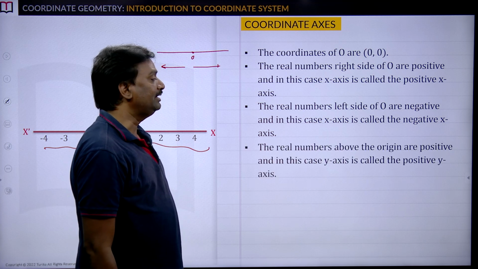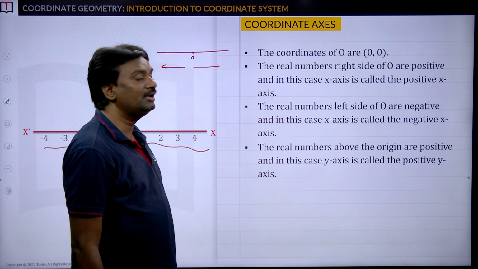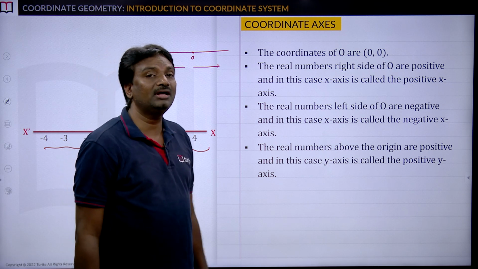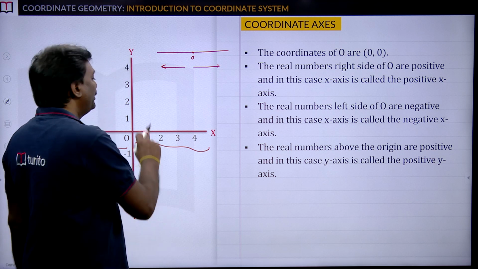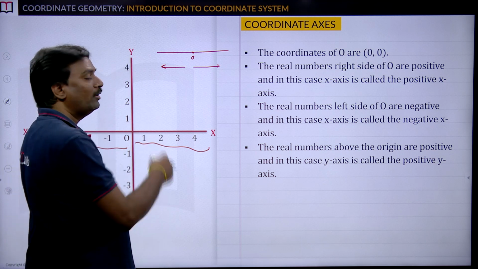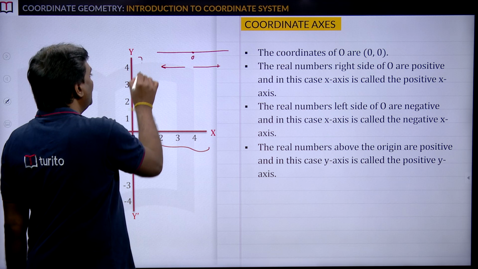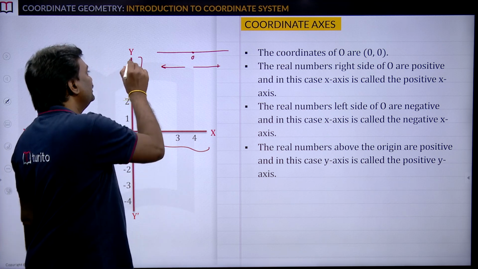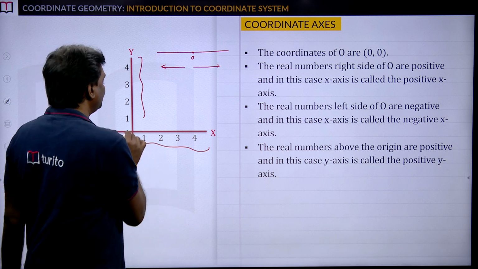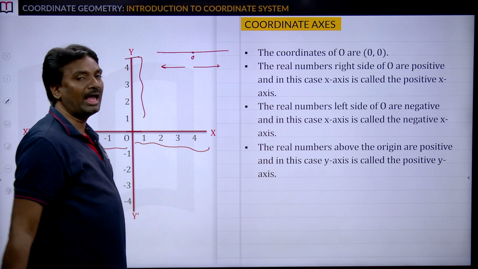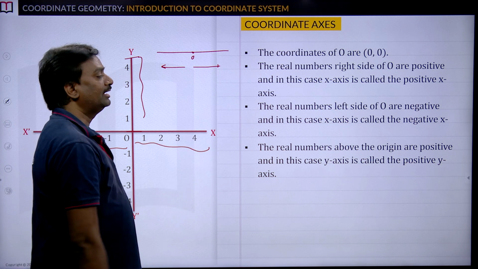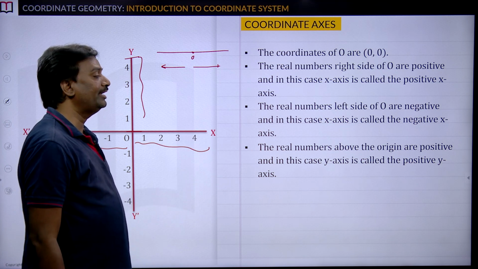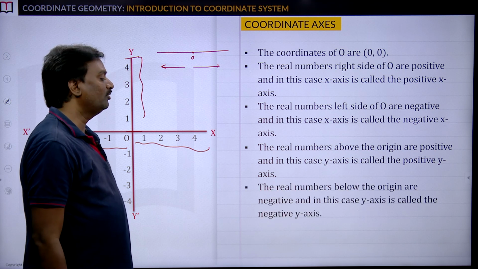Next, the real numbers above the origin are positive, and in this case the y-axis is called the positive y-axis. By observing this, above 0 all the numbers are positive real numbers, so this part is known as the positive y-axis.